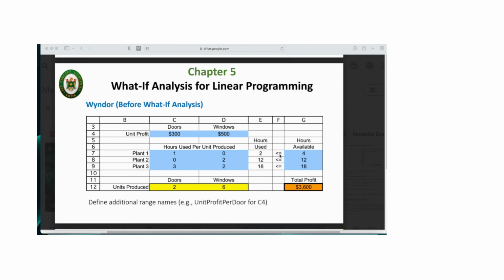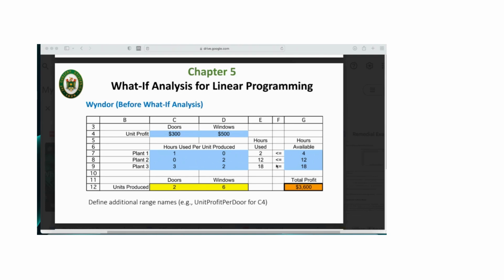In other models, this may not be less than or equal. It may also be greater than, or they may be equal signs. The point here is for you to identify the parameters.